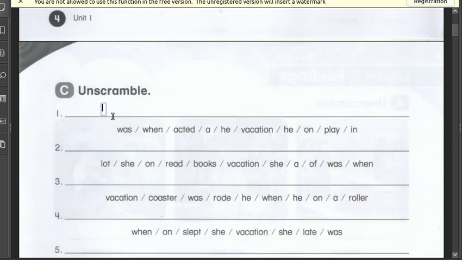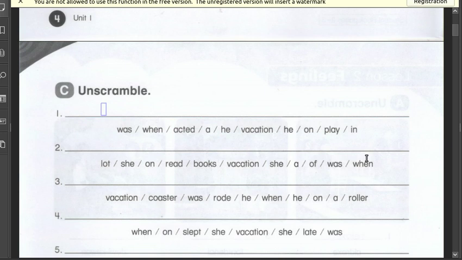So here our exercise, what we had also before on this card, but we broke down. We have here was, when, acted, are, he, vacation, he, on, play, in. So the sentence is scrambled, so you have to unscramble the sentence. But for the first sentence, I help you a little bit.